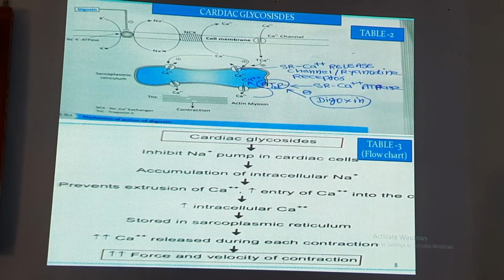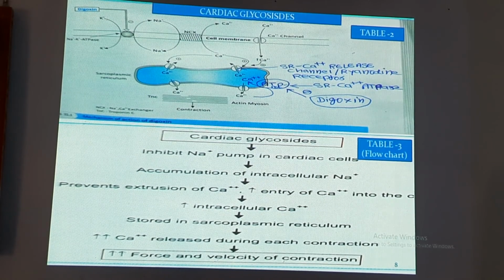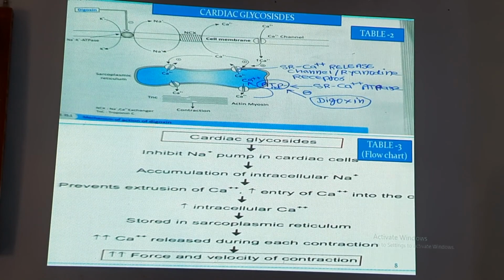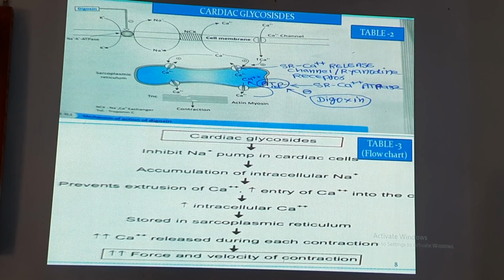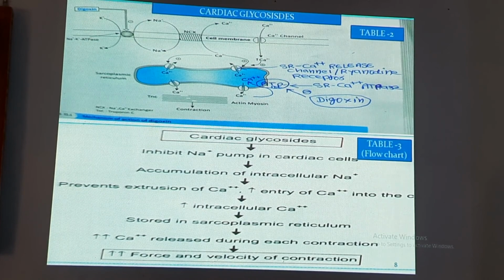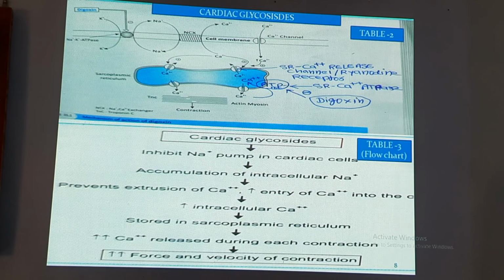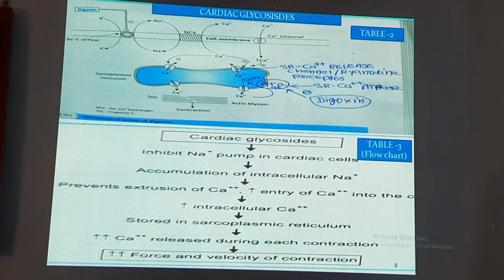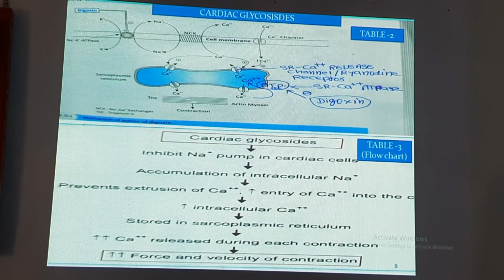Its other action is that it inhibits the sarcoplasmic reticulum calcium ATPase, so reuptake of calcium ion from the cytoplasm into the sarcoplasmic reticulum is inhibited, and this also leads to increased calcium ion concentration due to the action of digoxin or cardiac glycosides.